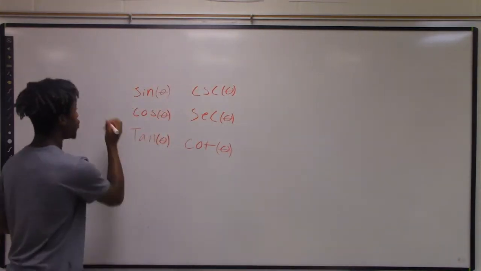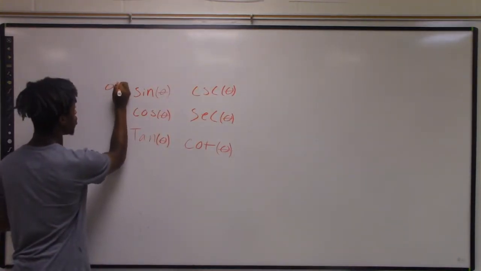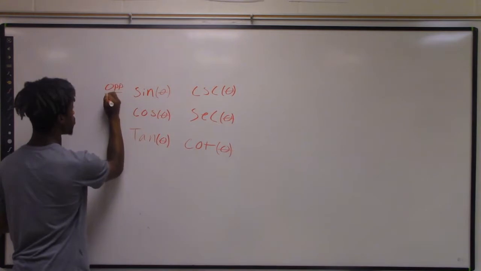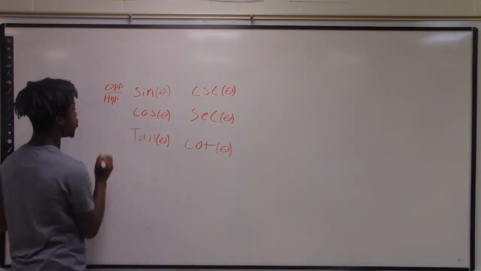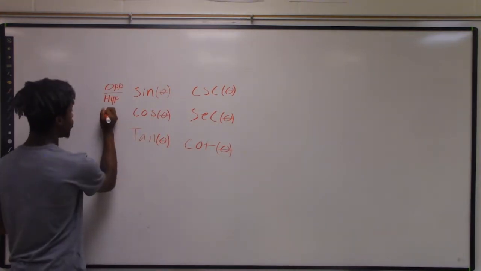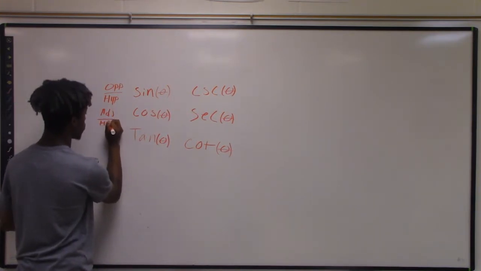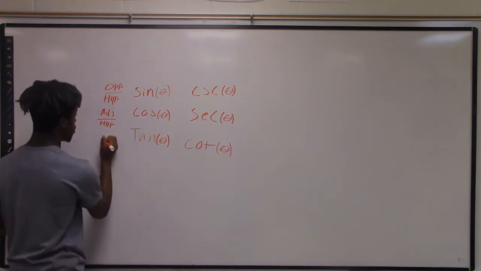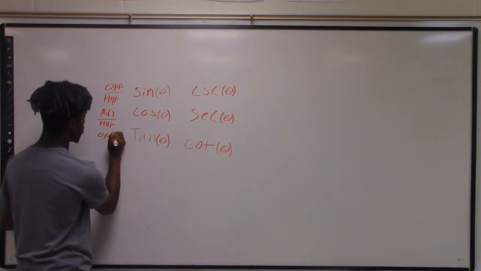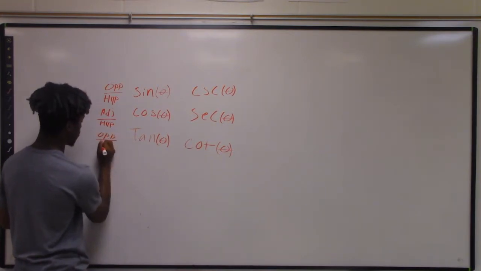For sine, we have opposite over hypotenuse. Cosine equals adjacent over hypotenuse. And tangent equals opposite over adjacent.